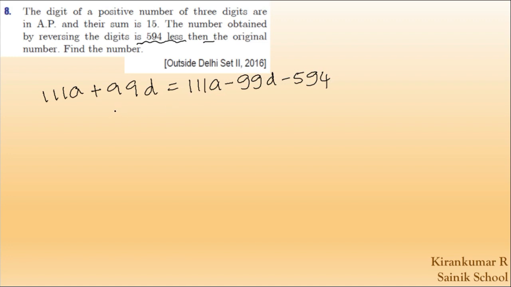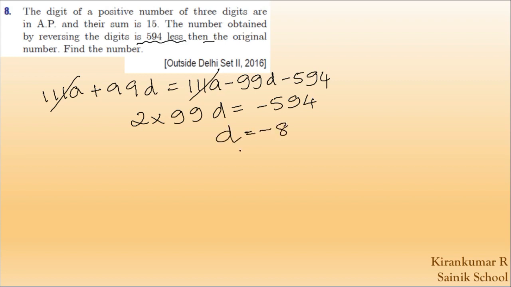So let's simplify. The a term gets cancelled. 99 added to 99 will be 2 times 99d equal to minus 594. So the value of d obtained is negative 3.